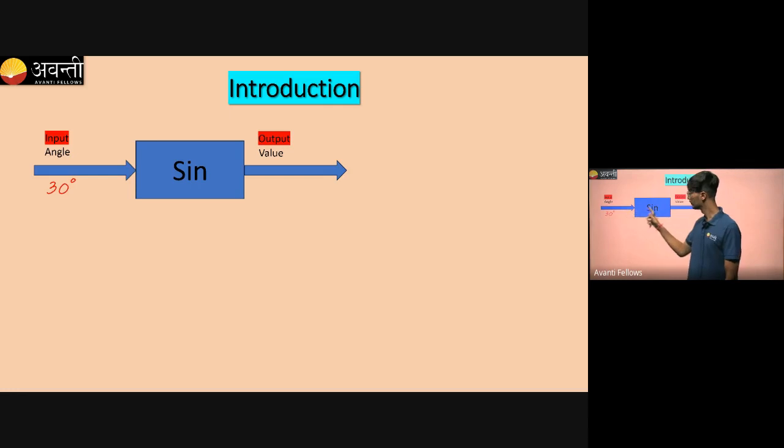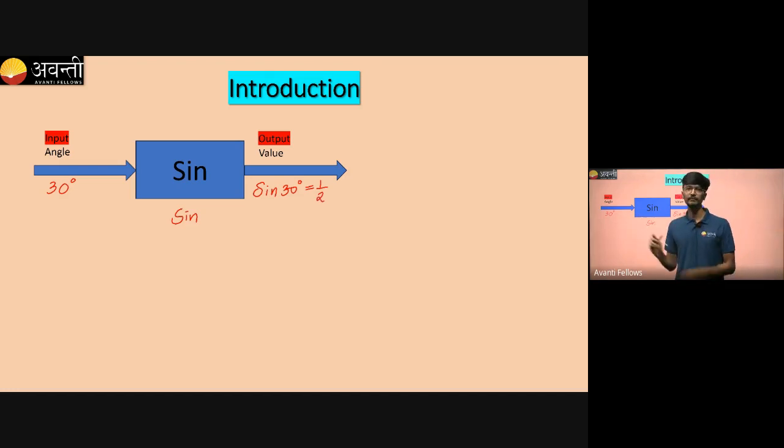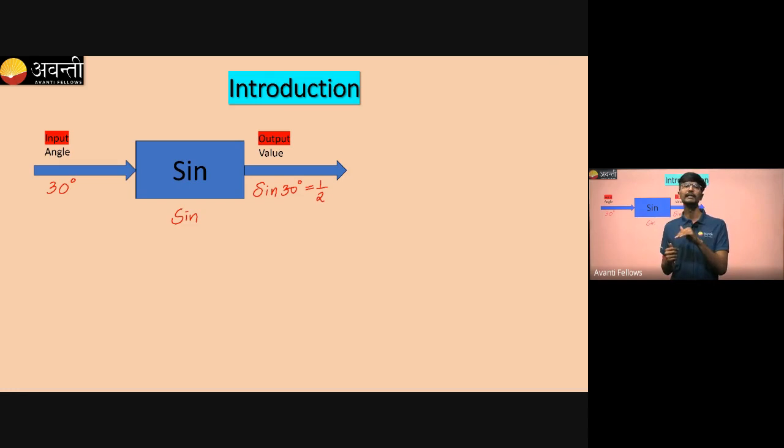It will go into the function, it will become the sine function, and the output will be sine 30 degrees. Anyone knows the value of sine 30 degrees? It is half. So we get the value half. Similarly, we can put input as 45 degrees and we get output sine 45 degrees, which is 1 by root 2.